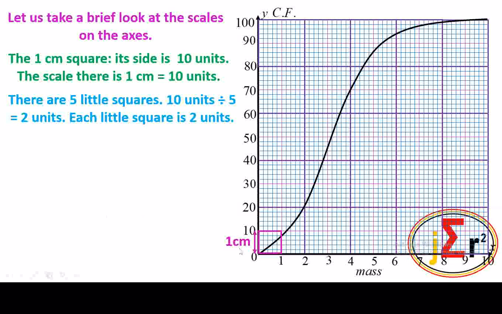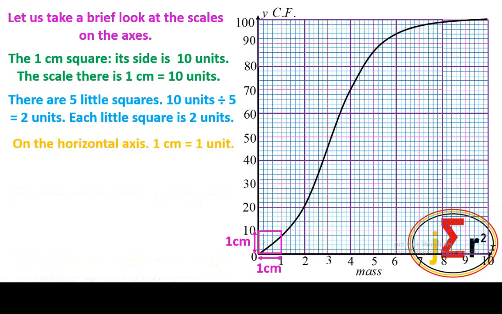There are 5 little squares here. 1, 2, 3, 4, 5. And the 5 little squares are also responsible for these 10 units. Therefore, each of the little squares will be 10 units divided by 5, which is equal to 2 units. Each of these little squares will therefore be 2 units.